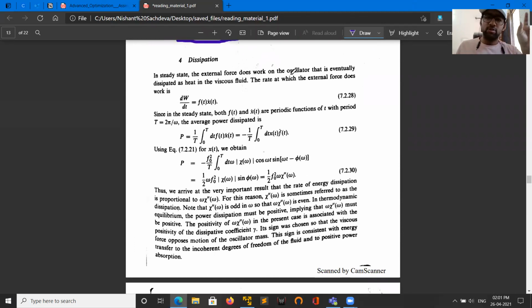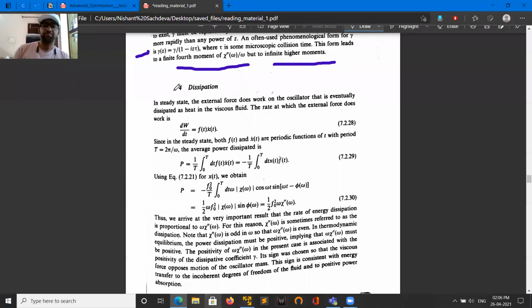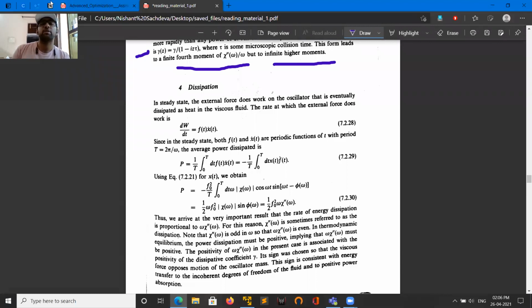Now we shall study what's called dissipation. What we've done so far is undamped oscillators, and damped oscillators with frequencies that can be imaginary or real. We studied how the variations go, and now finally we are coming to dissipation.